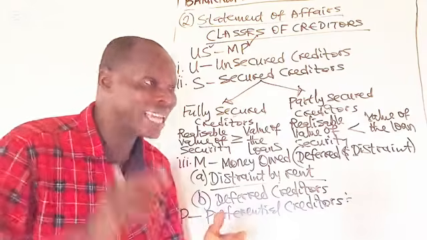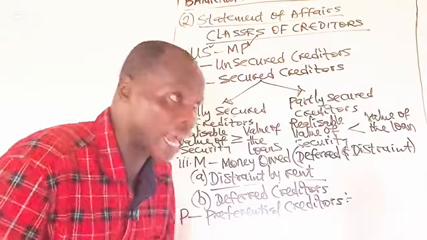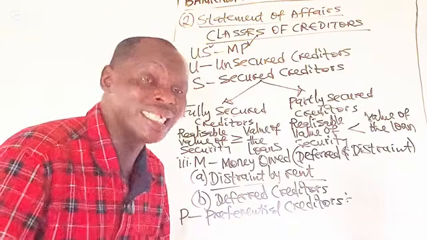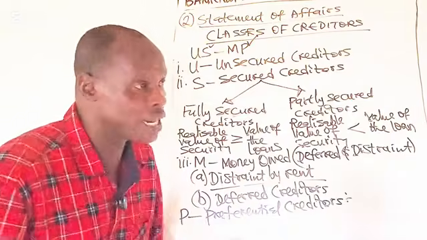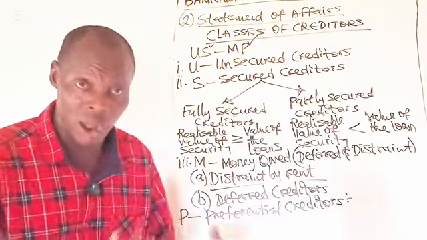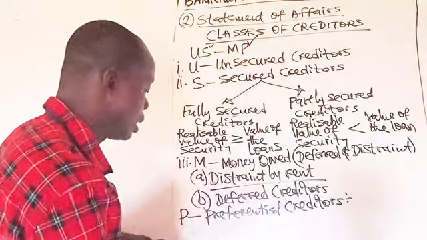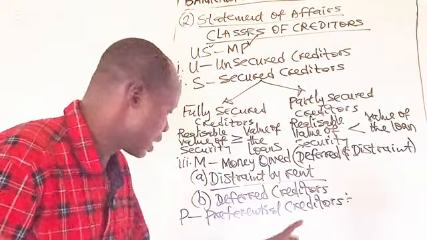Unpaid government taxes 12 months to the date of the receiving order, such as the value-added tax, the PAYE, and others. So they fall within that category, that is, they fall within preferential creditors.